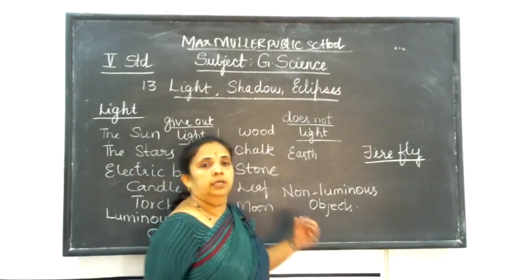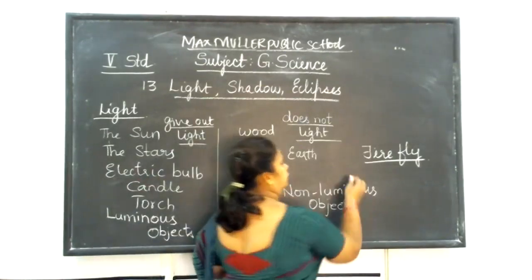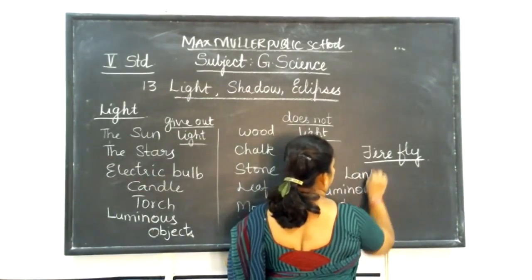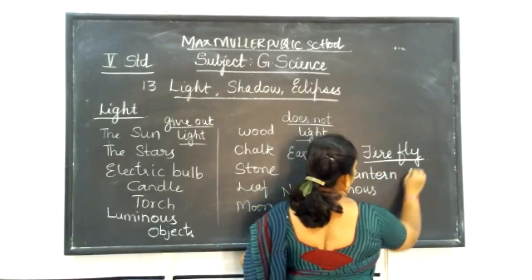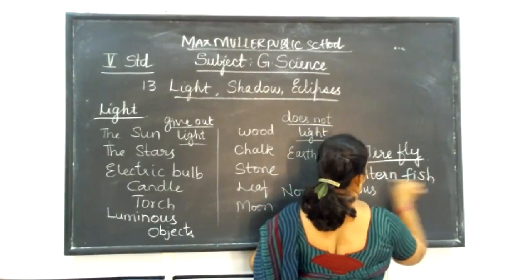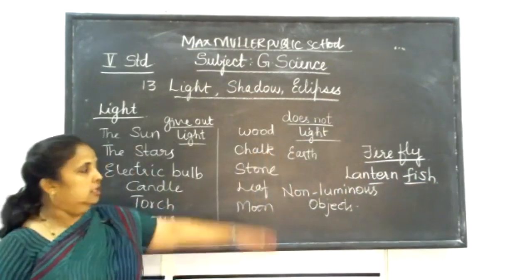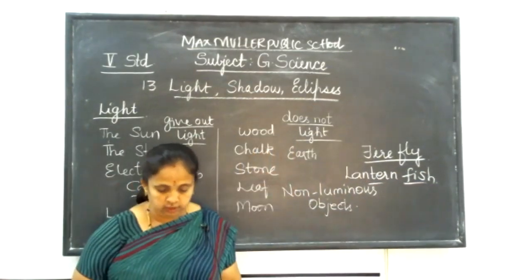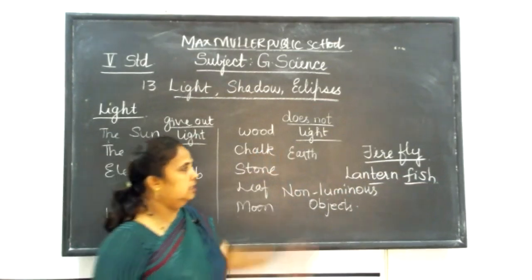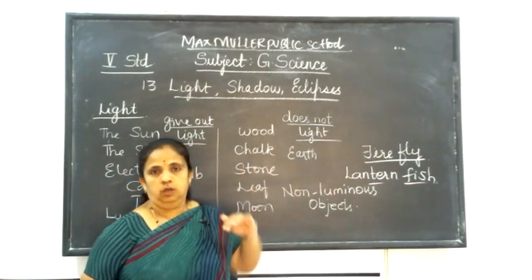And deep in the ocean, there is a fish called the lanternfish. This lanternfish also gives out light. So these are the animals which give out light.